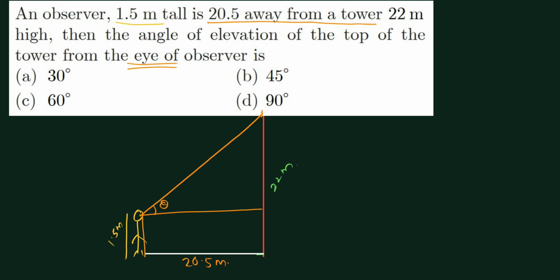What is the height of this observer? 1.5 meter. And this height also equals 1.5 meter. Then out of 22, 22 minus 1.5, the remaining height will be 20.5. The remaining height will be this height.